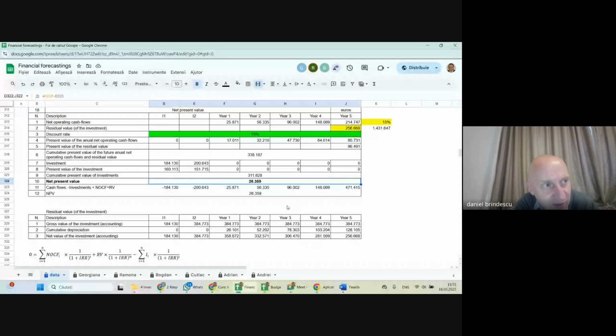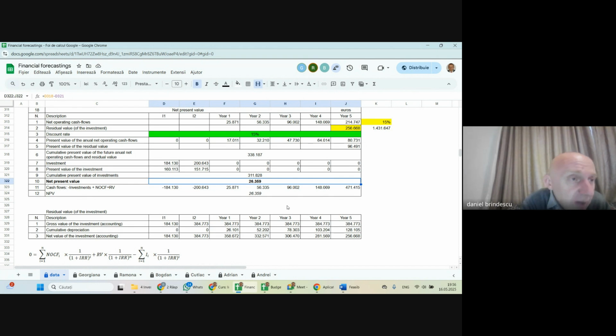So try to optimize the processes to get to a positive net present value. Automatically, that would mean that you would get to a level of the internal rate of return higher than the discount rate, higher than 15%, because for simplification purposes, I want you all to use the 15% benchmark that I have used.